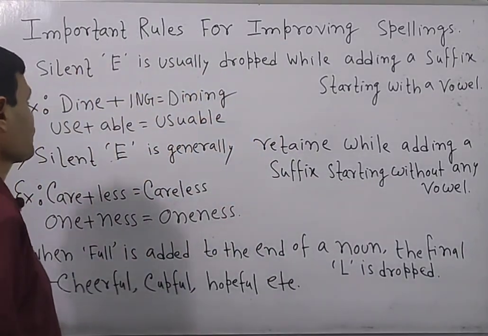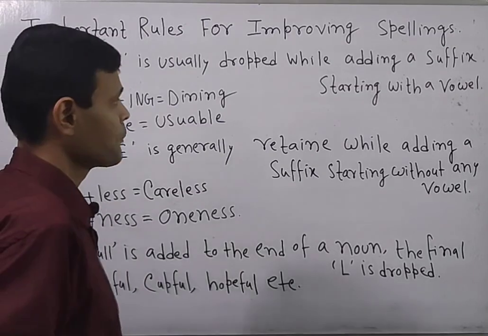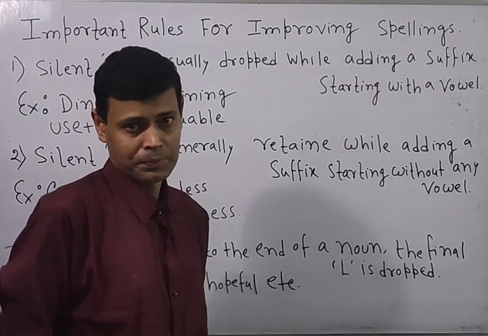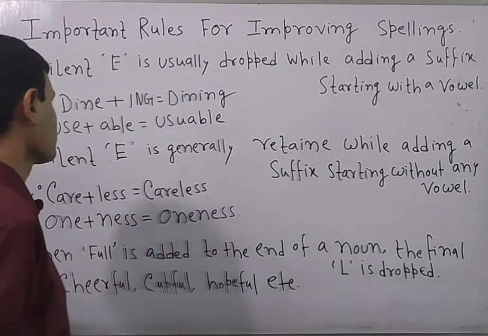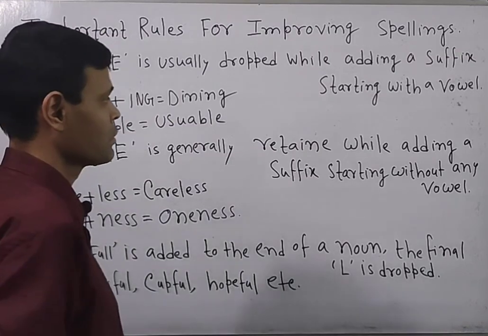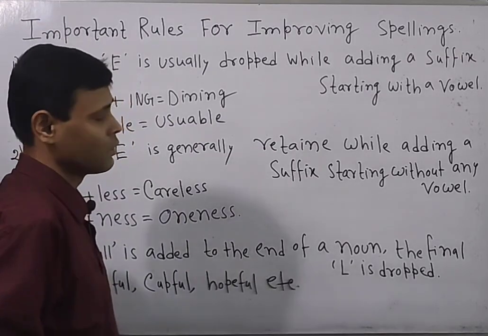So the class is all about important rules for improving spellings. Look through the first rule. Silent E is usually dropped while adding a suffix starting with a vowel.